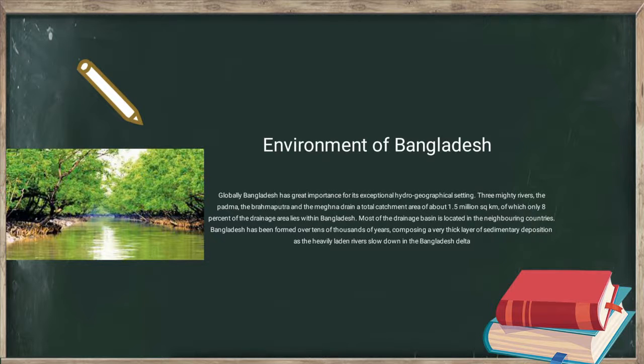Rapid growth of population is one of the main problems of Bangladesh. The main environmental degradation in Bangladesh is related to air, water and land pollution. The main sources of air pollution in Bangladesh are industries, automobiles and natural processes.